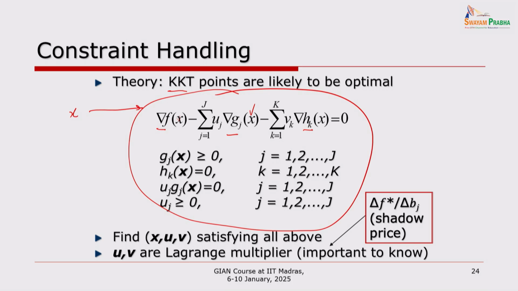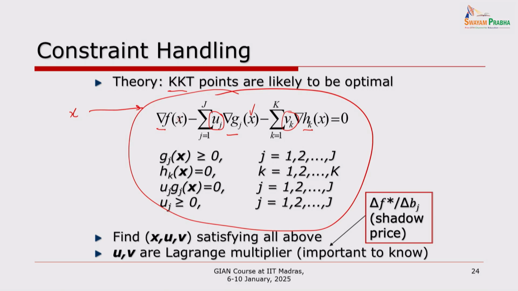If it's not a KKT point, it's not an optimum for sure. If it's a KKT point, it need not be an optimum. Second order conditions need to be checked, but at least it's a candidate, and many algorithms just try to verify if this is a KKT point or not. So when you solve this, you also find these u's and v's. These are called Lagrange multipliers.